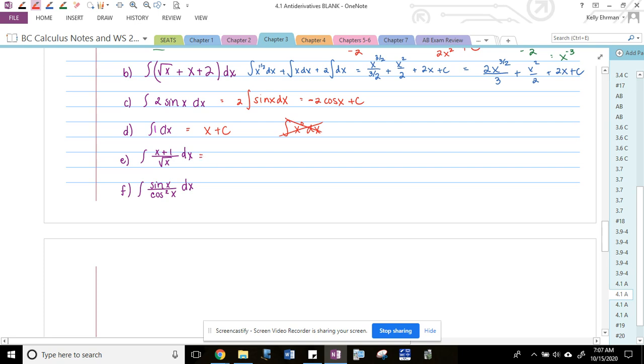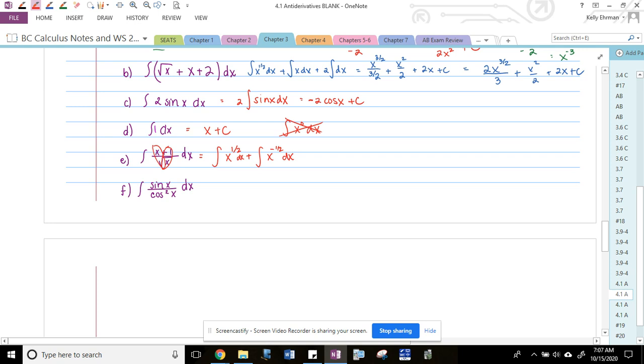We can take the integral of different terms, and since this is a binomial divided by a monomial, I can go ahead and divide out. x divided by square root of x is the integral of x to the 1/2, plus the integral of 1 over square root of x, which is x to the negative 1/2, and I almost forgot to write dx for both of those.